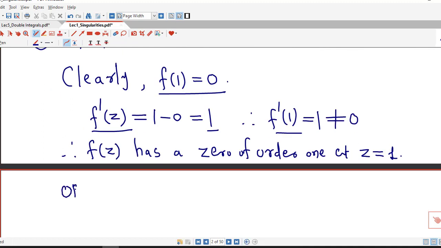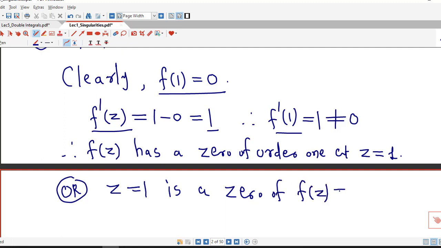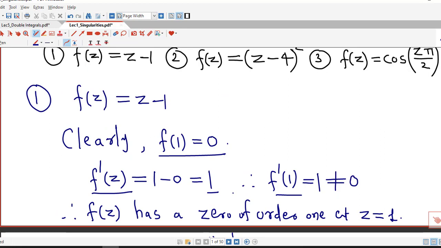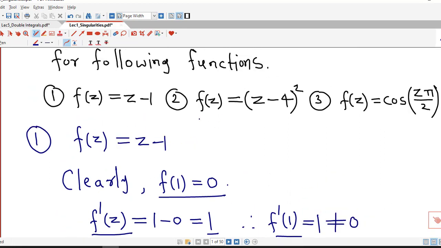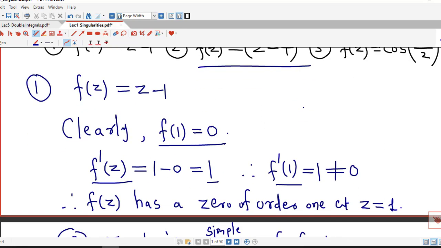Or we can say that z equal to 1 is a zero of f of z equal to z minus 1, or because it is of order 1, it is a simple zero of z minus 1. The second function is (z minus 4) square.